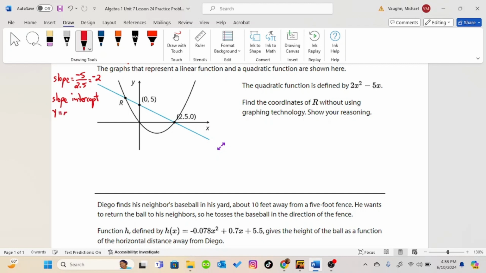Which is y equals mx plus b, where b is the y-intercept and m is the slope.